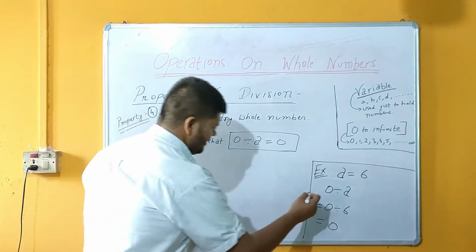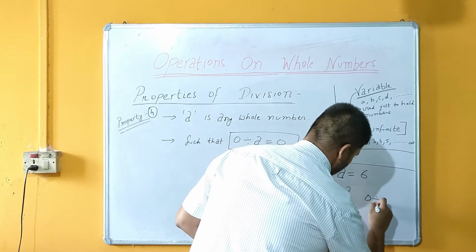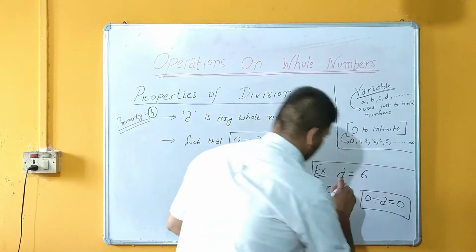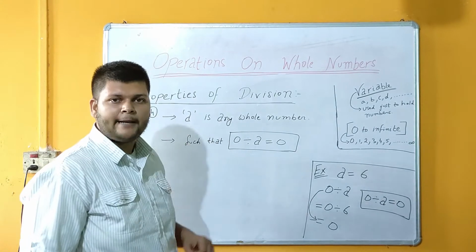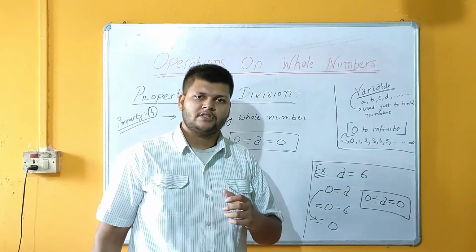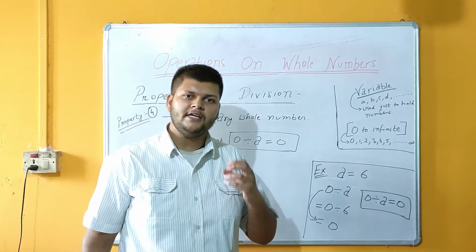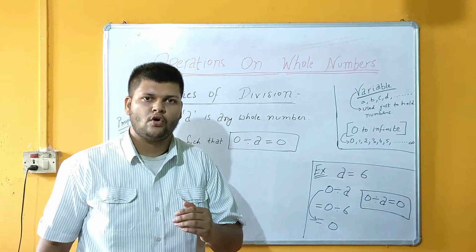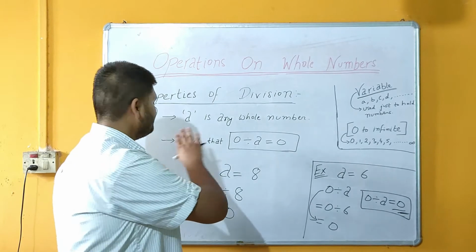That means we are able to verify 0 divided by A equal to 0 with the help of this example. So with this property, when you divide 0 by any other whole number, you will always get the result as 0. I hope you are clear with this property 4.